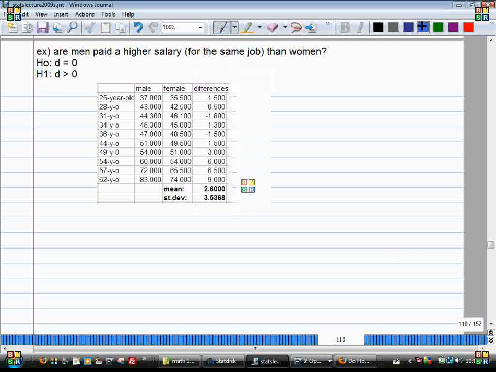So what did we find out? Using this easier way, we have D bar equals 2600, and we have S equals 3537. Okay, so now what do we need? S for X bar. And how do we find that?